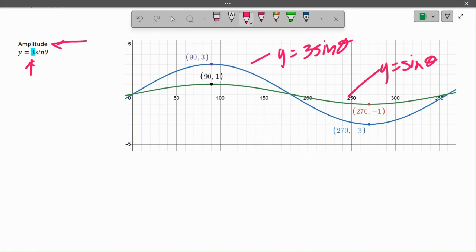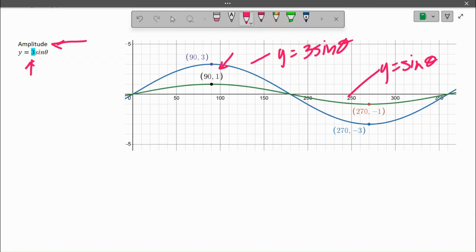When we're graphing these, the way we can tell what the amplitude is, in a regular function that has no shifts, which we haven't gotten to yet, is to look at 90 degrees and 270 degrees and look at the y value. The amplitude will be however many times 1 that value is. In this case, 3 is 3 times 1, so the amplitude is 3.